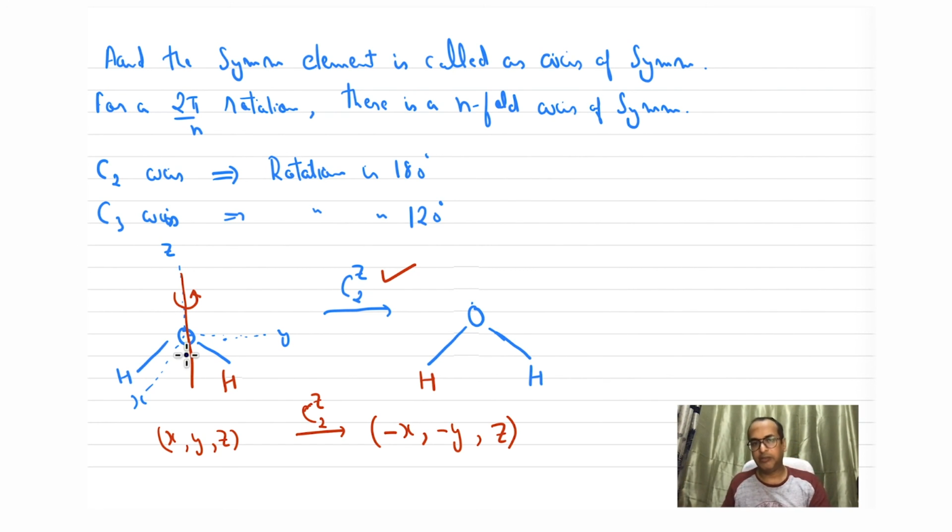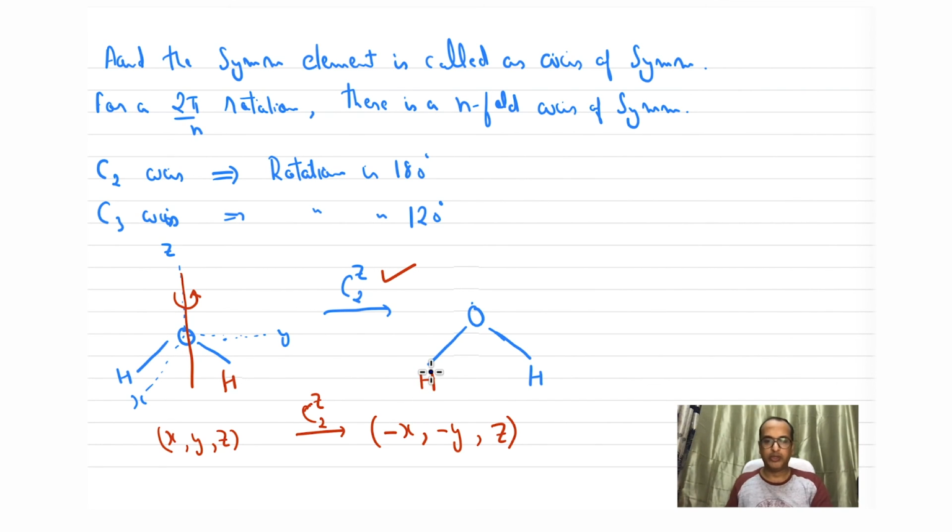The C2 axis, as we defined, because it is a symmetry element, will not change its position. Anything lying on the C2 axis, for example the oxygen, which was lying on the C2 axis, would not change. Similarly here, the Z axis would not change. So X will go to minus X, Y will go to minus Y, and Z will remain.